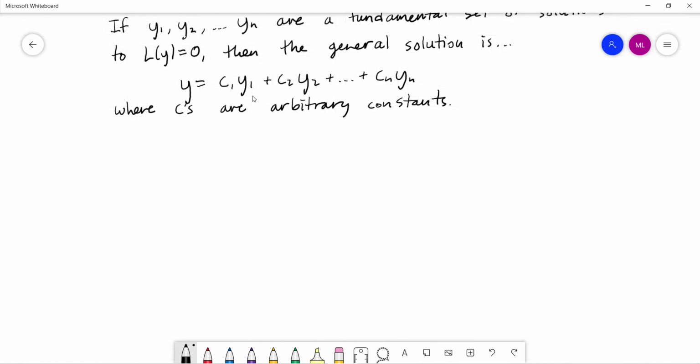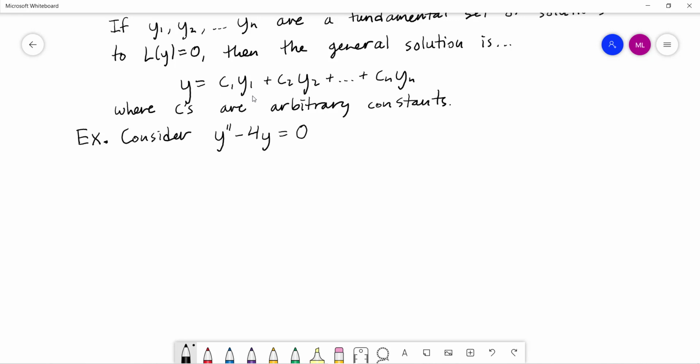Okay, so let's do an example. In this example, I will also compute the Wronskian so we can verify that the solutions we found are linearly independent and therefore form our fundamental set, and then we'll use them to construct the general solution. Let's do one similar to the one that we started with, a little bit different. Let's consider y double prime minus 4y equals 0.